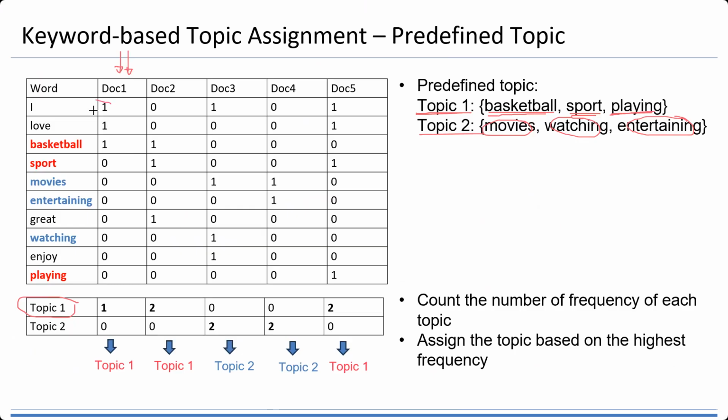It contains "I." Does "I" belong to topic 1 or topic 2? Nothing. Okay. "Love." Topic 1 or topic 2? Nothing. "Basketball." Topic 1 or topic 2? We know topic 1. Then we have topic 1, that's 1.